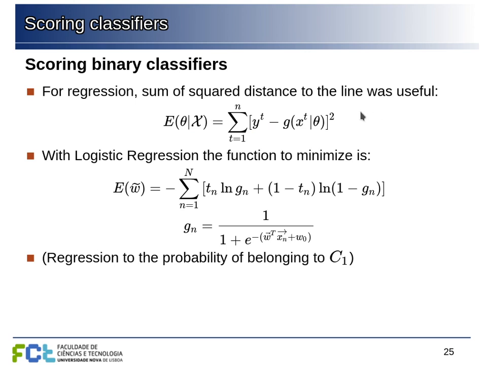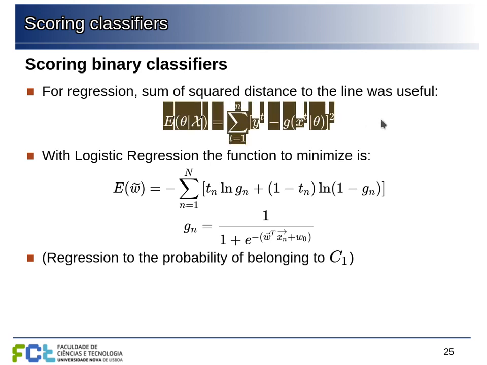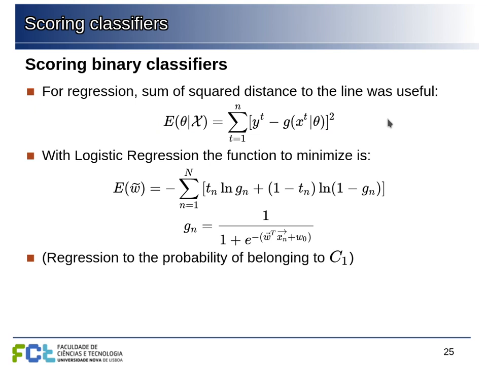Sometimes we can use RMSD, which is the root of the mean squared distances. We can take the average of this over all the points, and then compute the square root of that, so that we are back in the same units in which we are computing the regression. This would be an intuitive measure for regression.